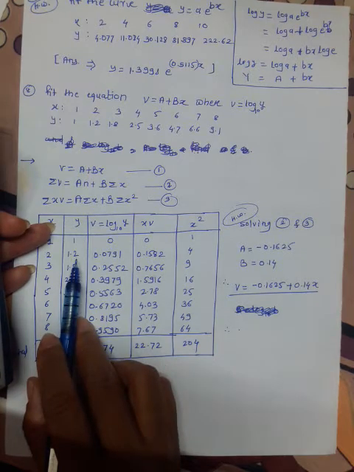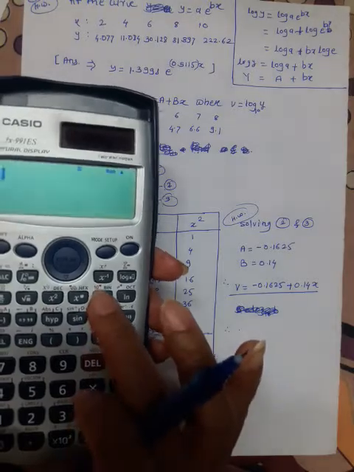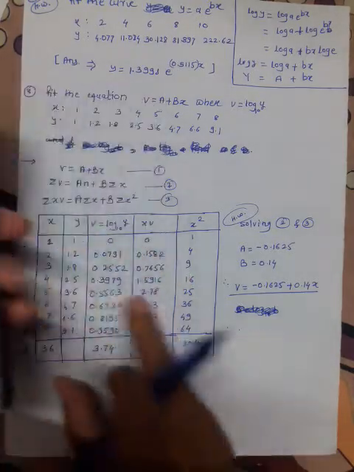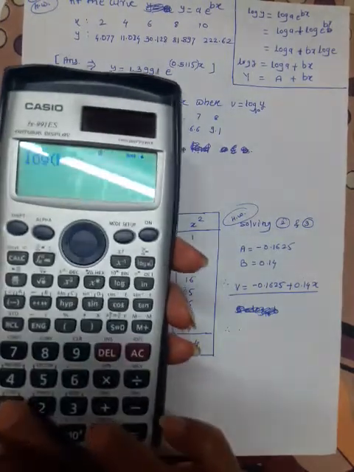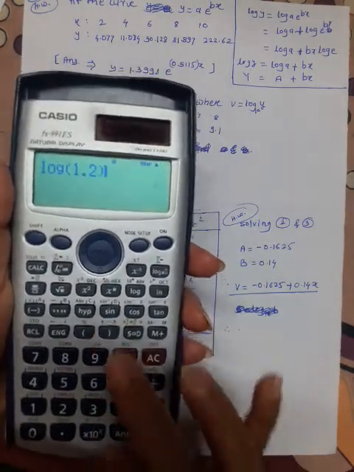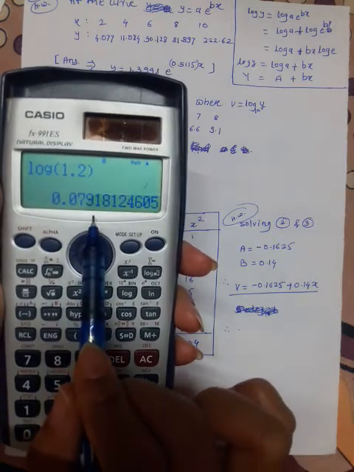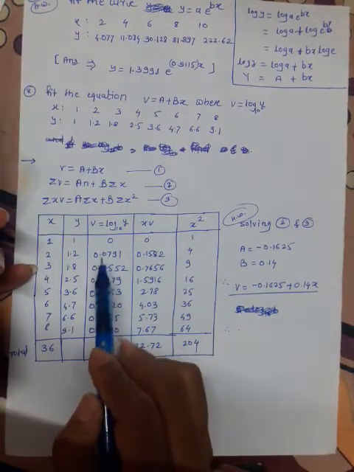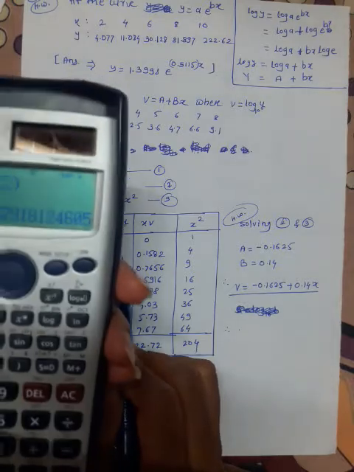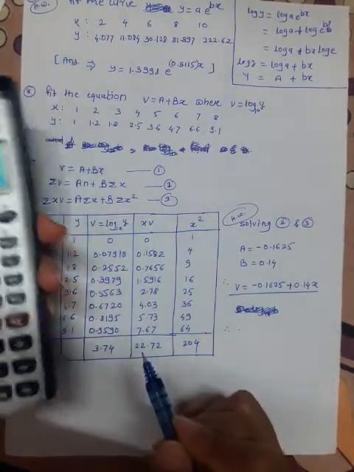Log of 1.2, now log to the base 10 is there, that's why you have to use this log of 1.2. Answer is 0.07918. You can take four digits everywhere.